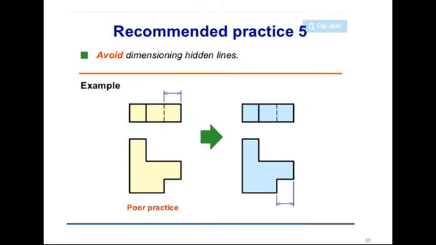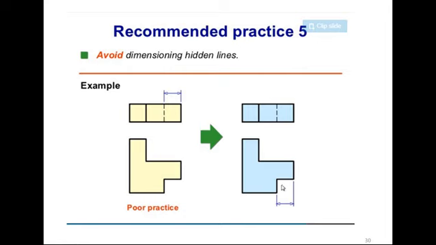Now the recommended practice number 5. Avoid dimensioning hidden lines. Whatever the hidden lines, don't dimension them, because they also misguide. Here if you see, this is the front view, this is the top view. When you have the actual view here, always show the dimension on your actual view.